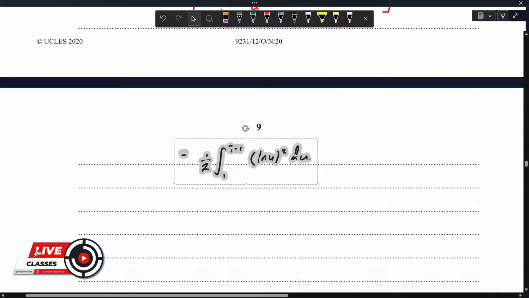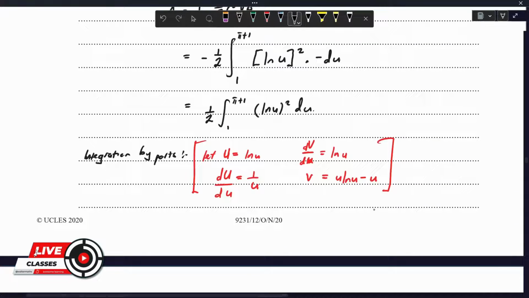Wait, can you explain the integration part of ln u? Yeah. All right. So you need to know that when you're integrating ln x with respect to x, you do by parts again. You say let u be equal to ln x and dv by dx be equal to 1, because ln x is 1 times ln x. So du by dx is 1 over x, and v, integrating 1, we get x.